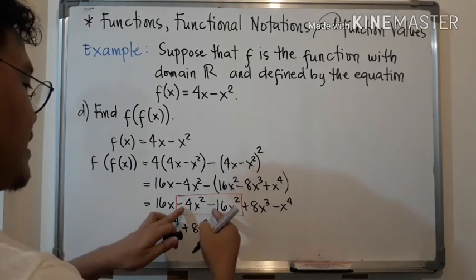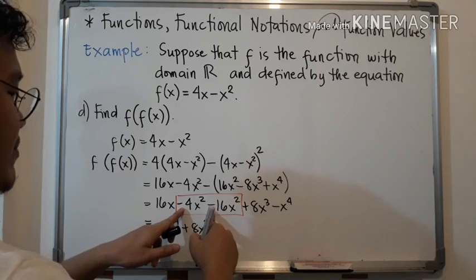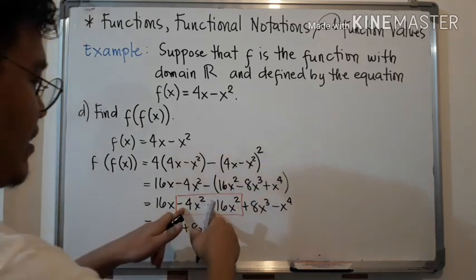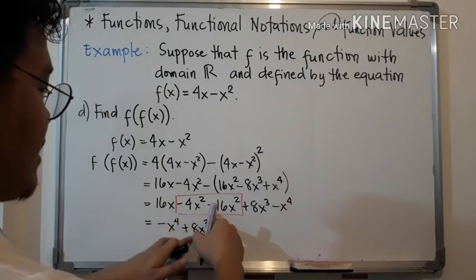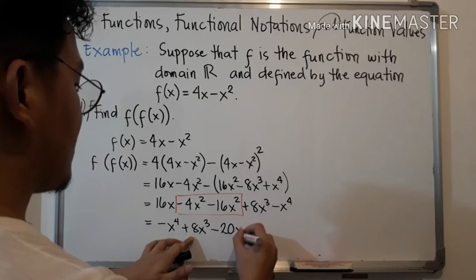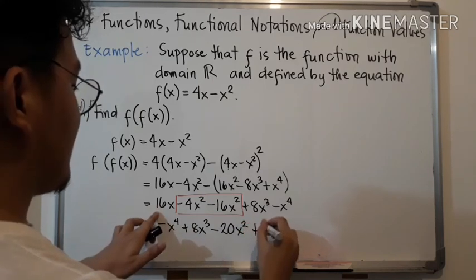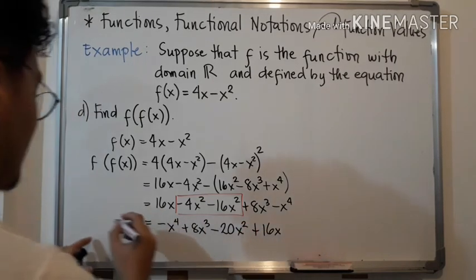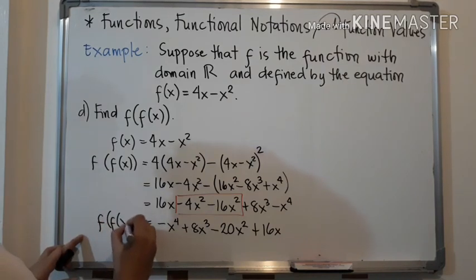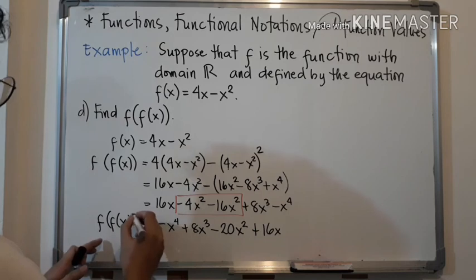And then we simplify this, since they have the same sign, we add them and then copy their sign. So that is 16 and 4 is 20x squared plus 16x. And so this is the function value at the function, or f of f of x.